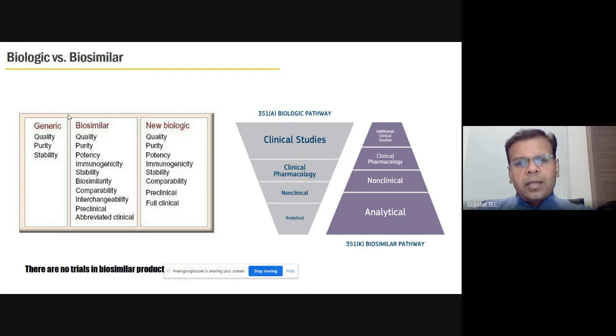But if you are a follow-on biologic or a biosimilar, then you don't need to do that battery of clinical studies. The clinical studies portion gets reduced, as you can see in the diagram. There is more focus on the analytical and non-clinical aspects, and very little on the clinical aspect when we compare the two drugs.